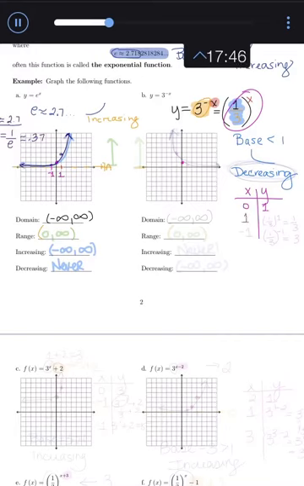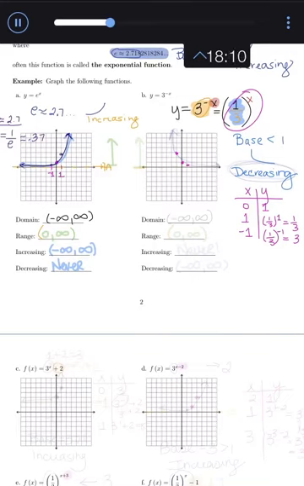If I plug in 1 for my exponent, I get 1/3 to the 1, which is just 1/3. So plugging in 1, I get 1/3. Plugging in negative 1, I get 1/3 to the negative 1, which would flip the 1/3 and turn it into a 3. So if I plug in negative 1, I get out 3.